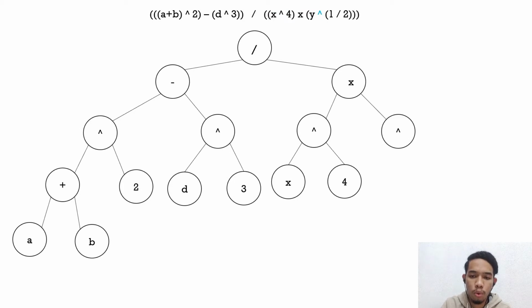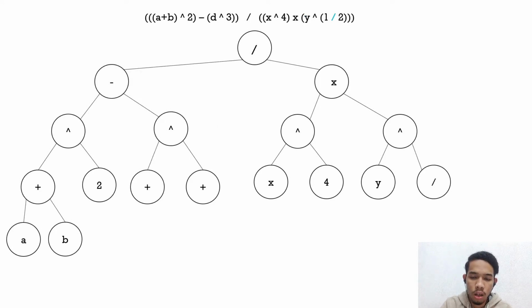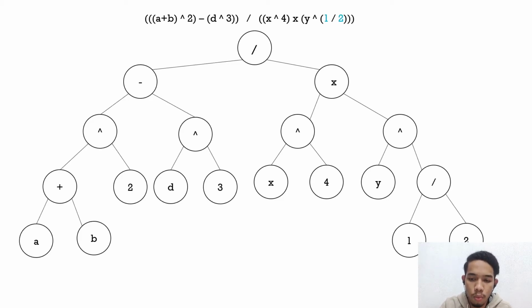Then we put the symbol of power as a right child for the multiply symbol, and then Y as a left child for the symbol of power. Then we put the division symbol as a right child for the symbol of power, and then 1 as a left child and not 2 as a right child for the division symbol.